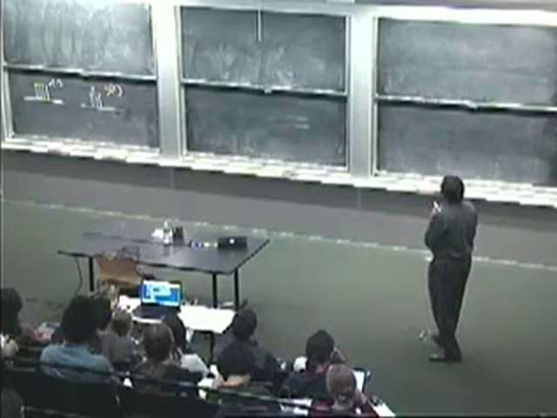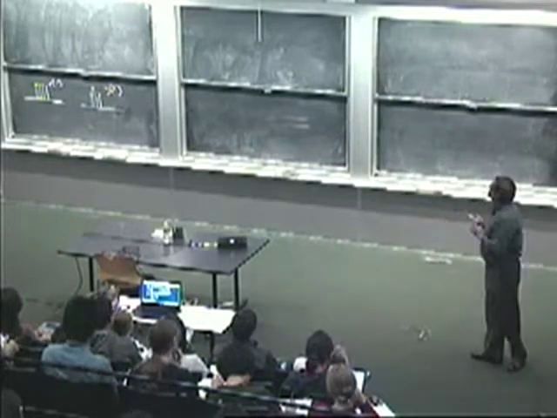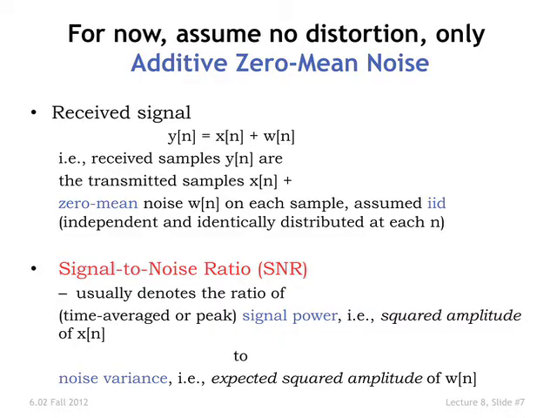Okay, a key metric then is the signal-to-noise ratio, and this is something that you see all over the place, the SNR. Usually what people mean is signal power, and power is usually the square of a signal. If you think of voltages, for instance, the square of the voltage gives you power in the resistor, so you think of the signal as being x, its power as being x squared.